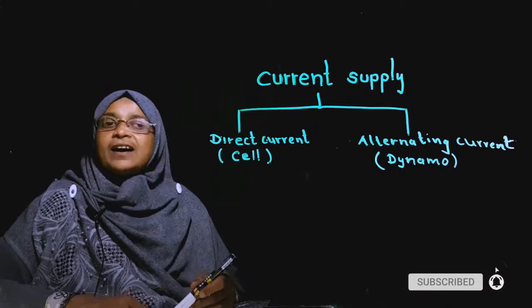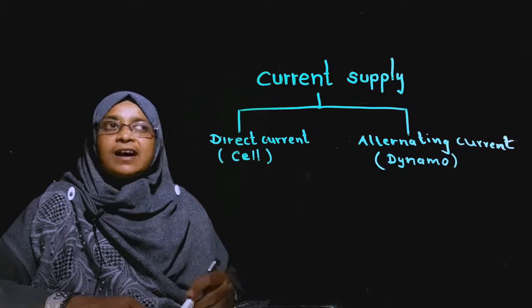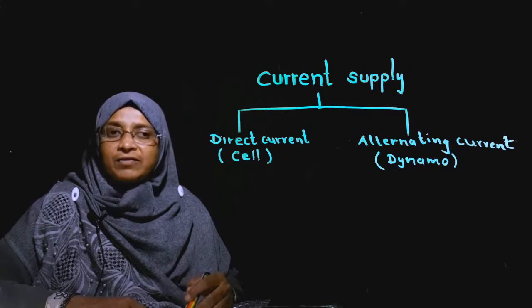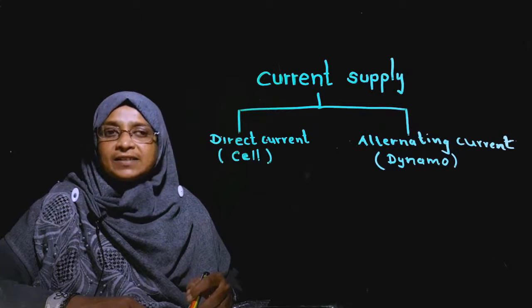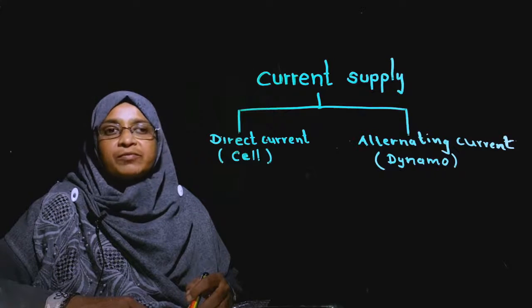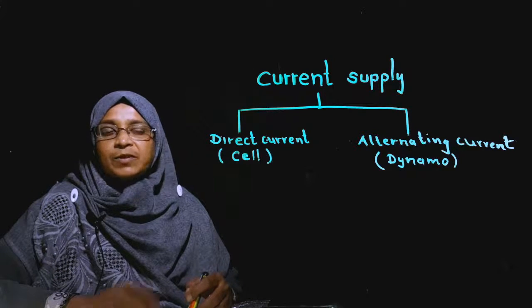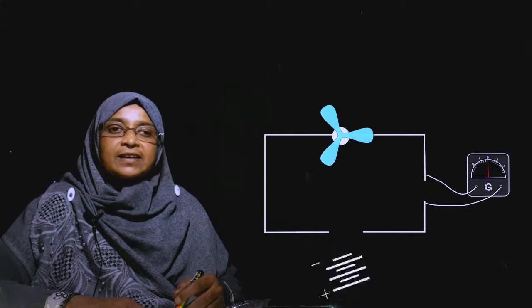Now let's see how the voltage variation and the direction of current flow take place in these two types of power sources. Okay. Here you can see the dry cell. It is a chemical cell. It is connected to the circuit with a fan and the galvanometer. Now you can observe the direction of the galvanometer and the rotation of the fan.